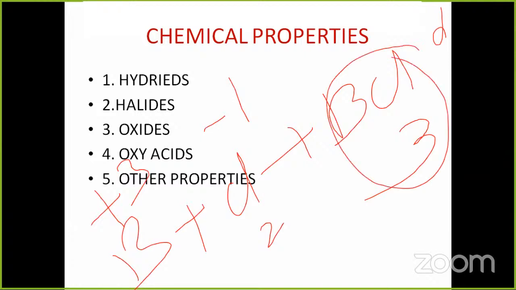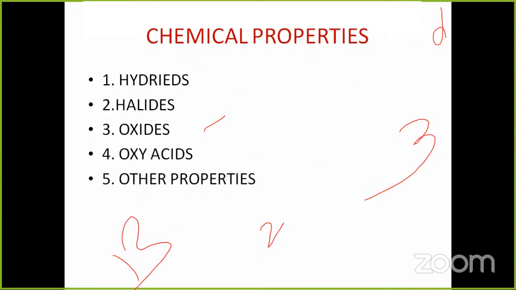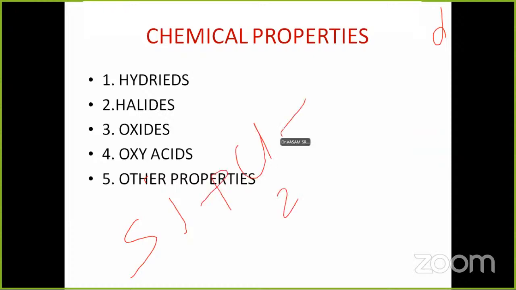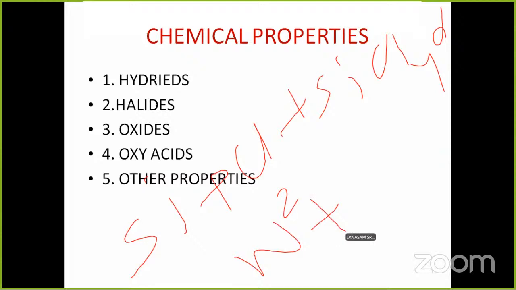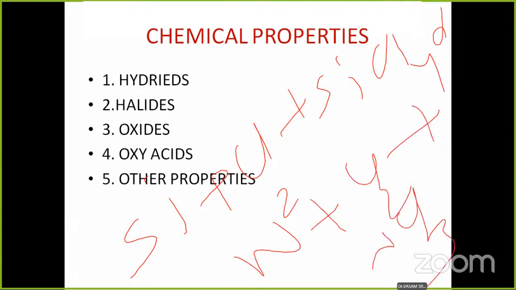So these are all halides. Take another element, for example from the fourth group, carbon or silicon. Silicon plus chlorine gives SiCl4, silicon tetrachloride. Nitrogen plus chlorine gives NCl3, nitrogen trichloride, because the stable valency of nitrogen is plus 3; similarly PCl3.